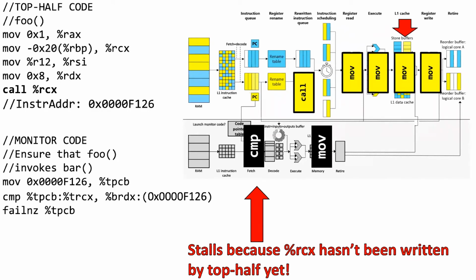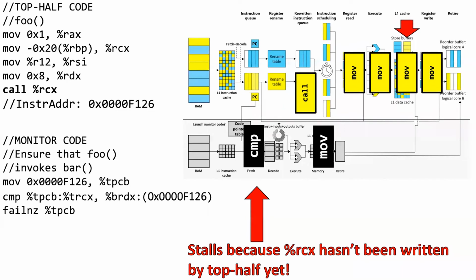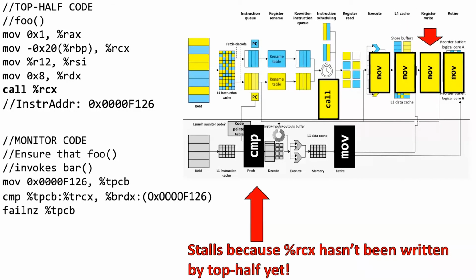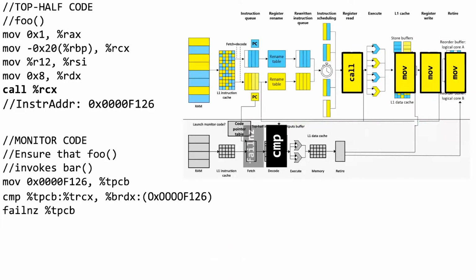And that is because even though RCX has been updated, its ISA state has not been updated yet. So the registers have not been written yet. Now in the next cycle, the RCX value will be updated, which will also be reflected in the bottom half pipeline. And then from this point onward, the compare instruction will proceed, followed by the fail instruction now being added to the fetch stage.